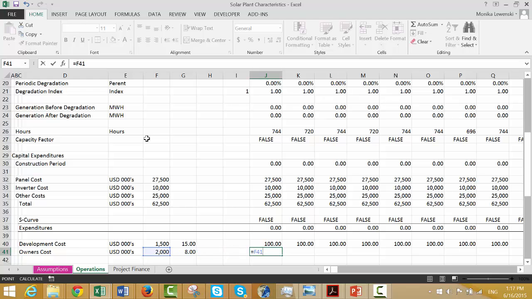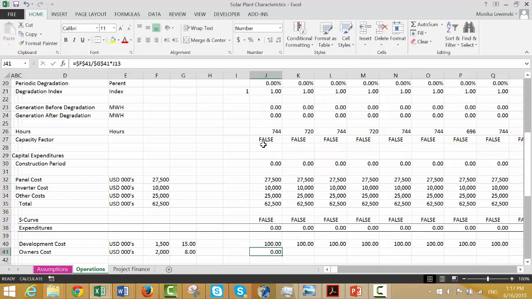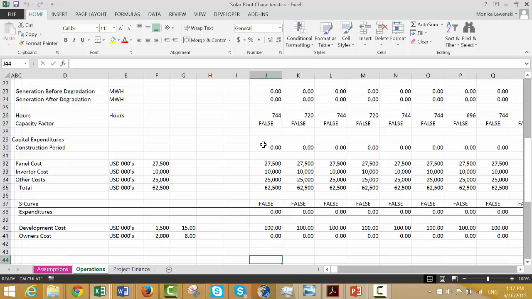Take this one divided by this one multiplied by the construction period switch. Okay, Shift Control 1, Shift Control R, and then how about we'll put total construction expenditures. Okay.